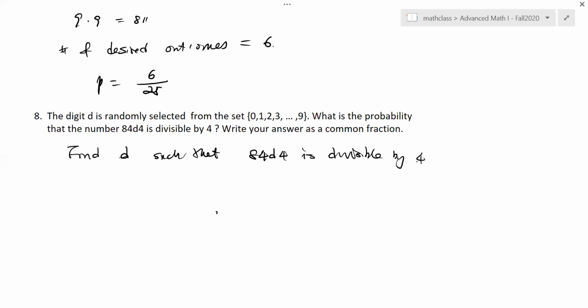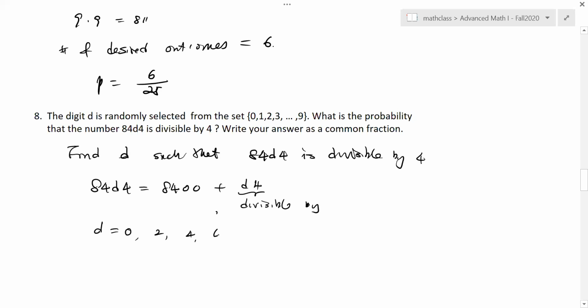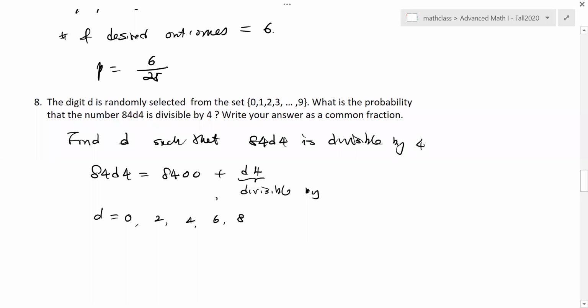To check whether this number is divisible by 4, you should know that 100 is divisible by 4, so all you have to check is whether the last two-digit number is divisible by 4. Clearly the digit can be 0, 2, 4, 6, or 8. So in total you have 5 choices that make this integer divisible by 4.